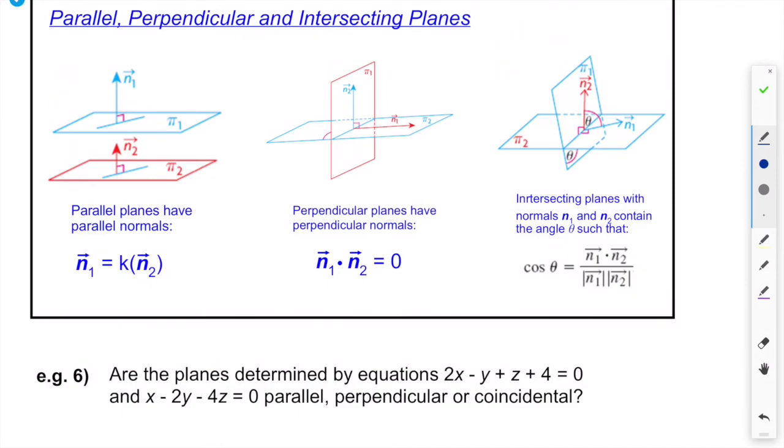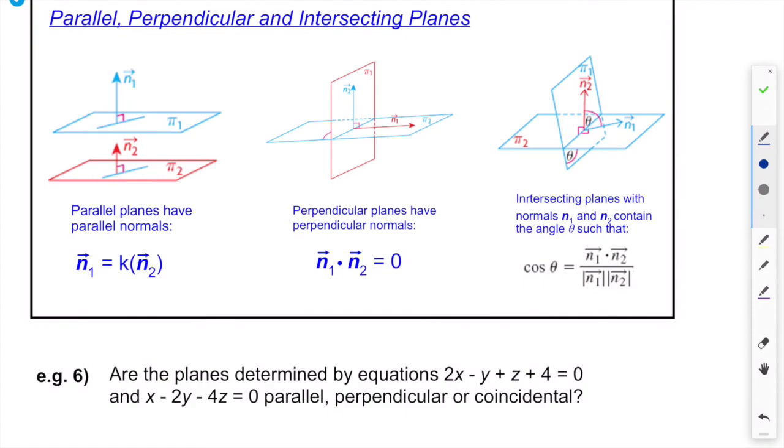Okay, so lastly, we are going to take a look at parallel, perpendicular, and intersecting planes. Notice now with Cartesian equations, we can also consider directions of these planes using the normal vector instead of its direction vectors. If there are two parallel planes, what must be true is that their normals must be scalar multiples of each other. They have parallel normal lines, so n1 is equal to kn2.